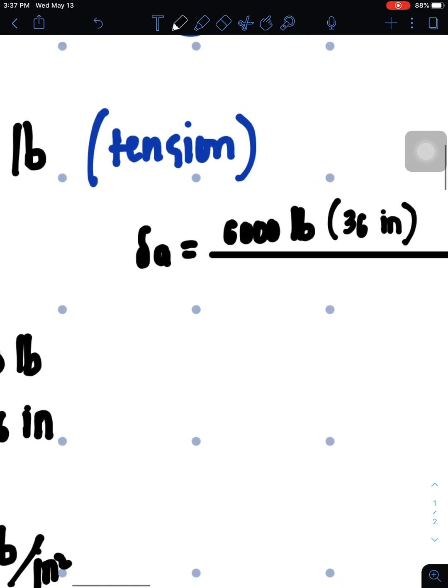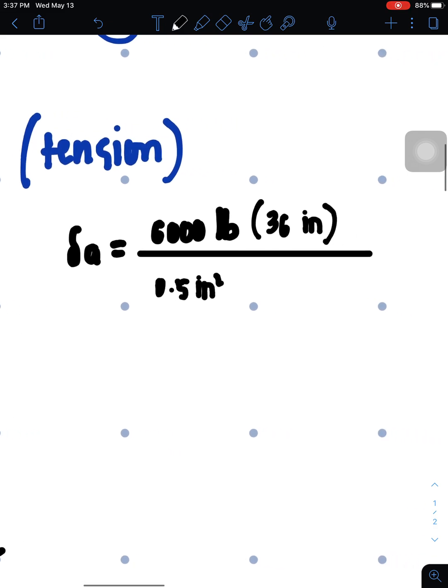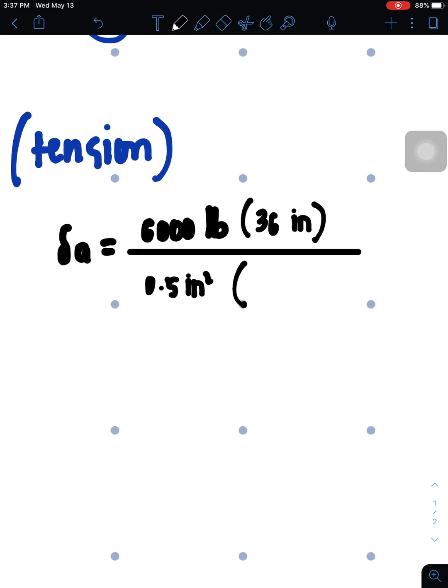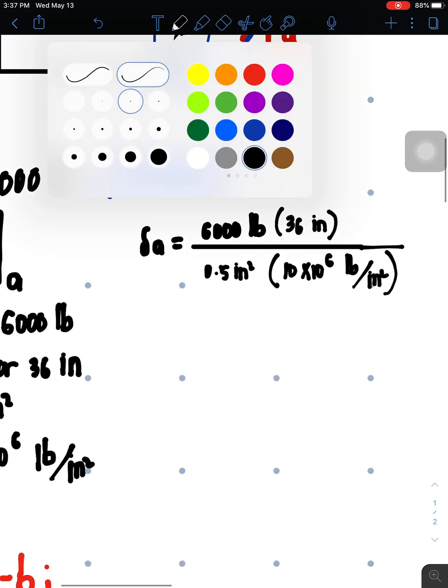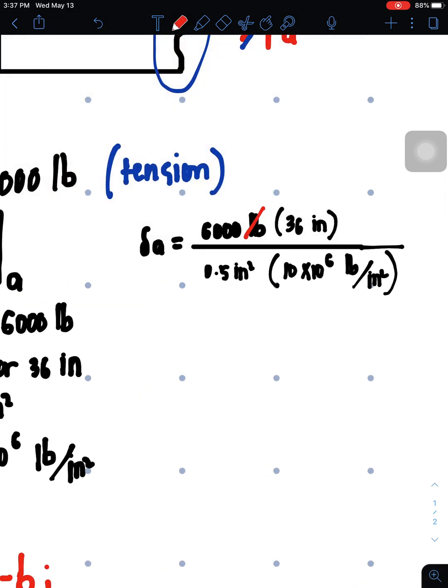Then the area is 0.5 square inch, and the modulus of elasticity is 10 times 10 to the 6 pounds per square inch. We can cancel out the pounds and the square inch.